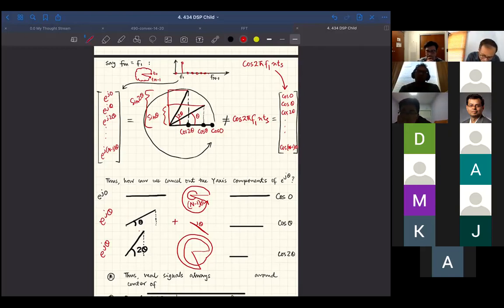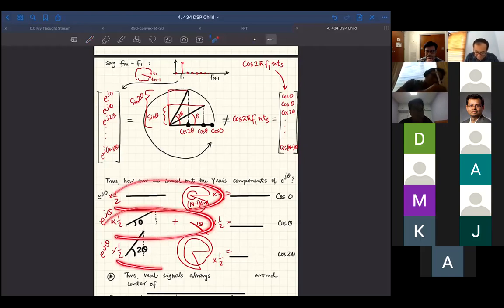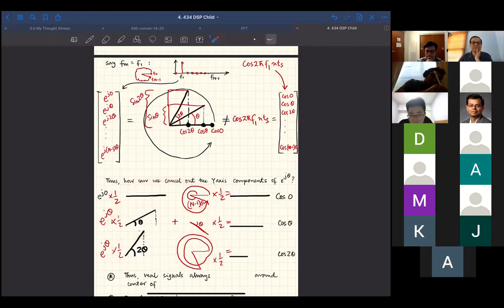So you multiply this by half and you multiply this by half, and you've got cos 0, cos theta, cos 2 theta, and so forth. Both of these will add up and give you only the x-axis shadow.